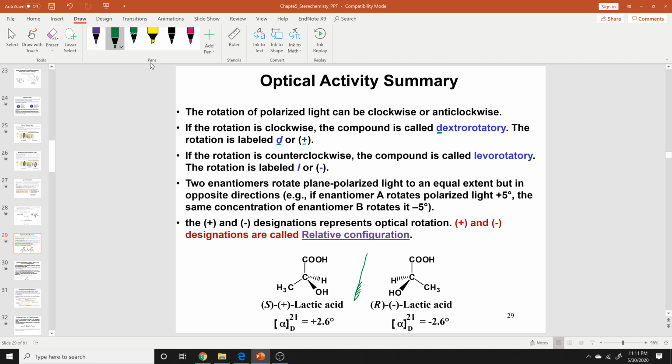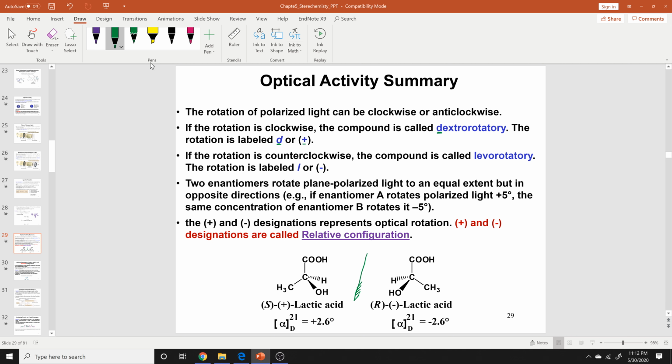It's a small l or a negative sign. So it corresponds to that enantiomer, which I would know rotates the plane of polarized light to the left. This one rotates the plane of polarized light to the right, and this one rotates it to the left.